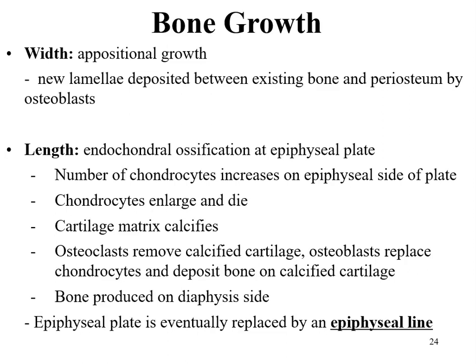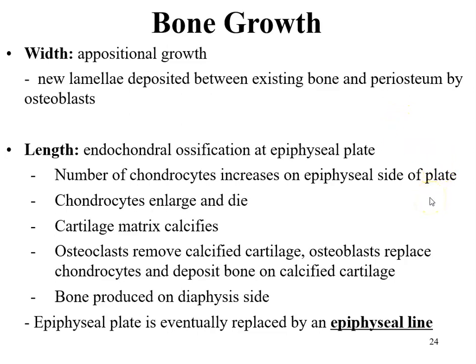Here, osteoblasts lay down new lamellae on the surface of existing bone tissue in between the surface and the periosteum, and the width of the entire bone is going to increase. This occurs throughout our lifetime.